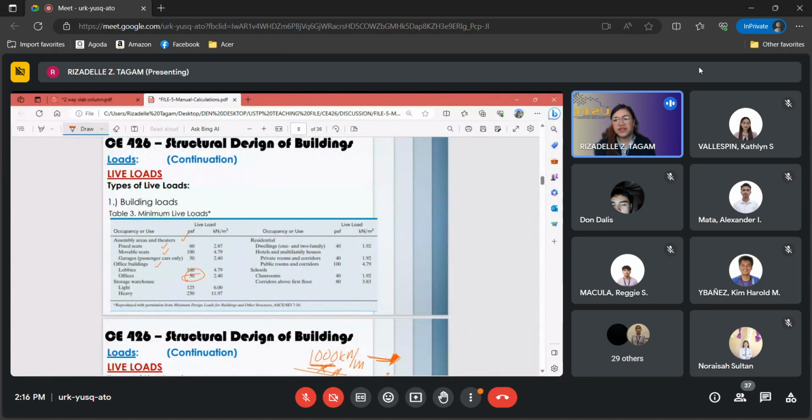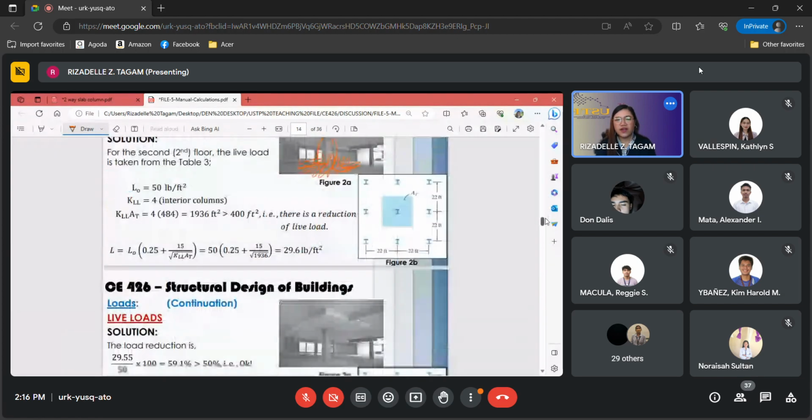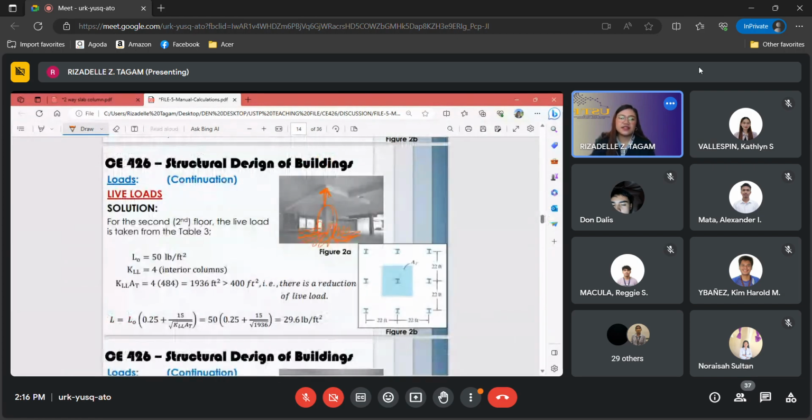Office is 50 PSF, so 50 pounds per square foot. And this is an interior column, so our live load factor K_LL is 4. Let's solve K_LL multiplied by the tributary area.